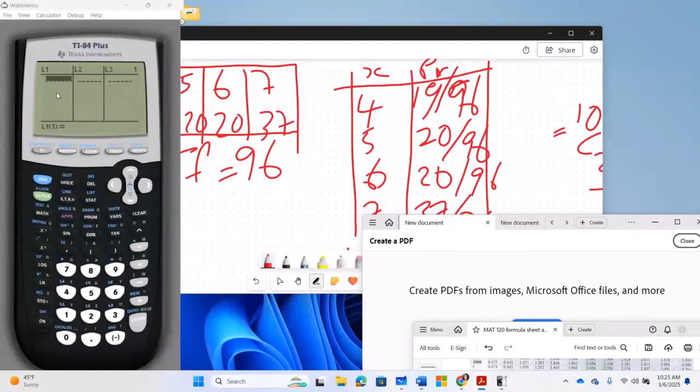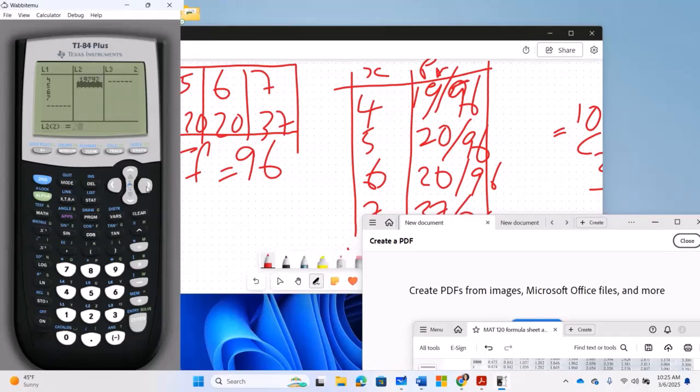So I am in L1. I have 4, enter, 5, 6, 7. Oh, the next one is 19 out of 96. So 19 divided by 96, enter.